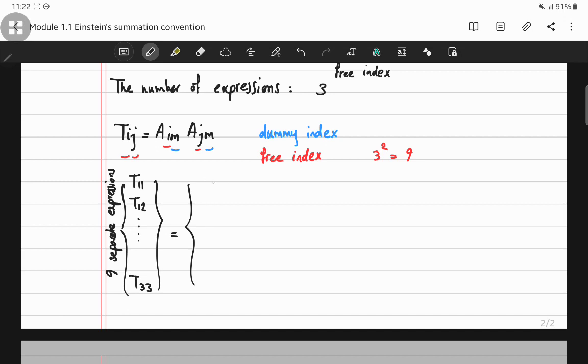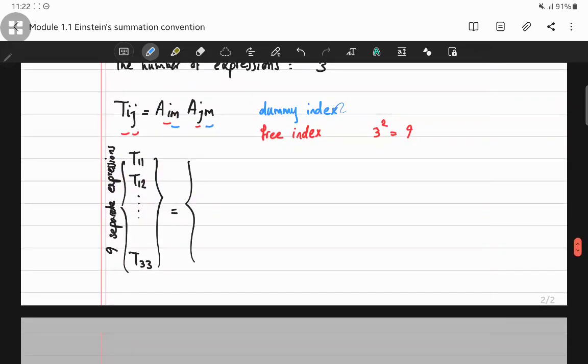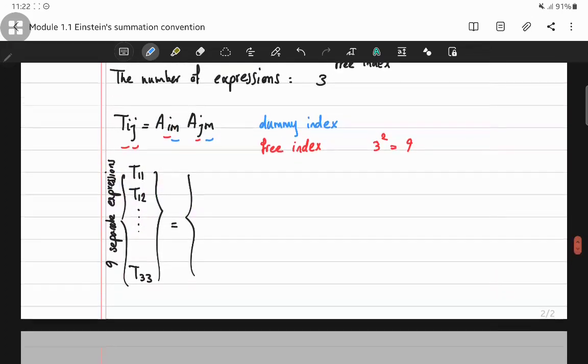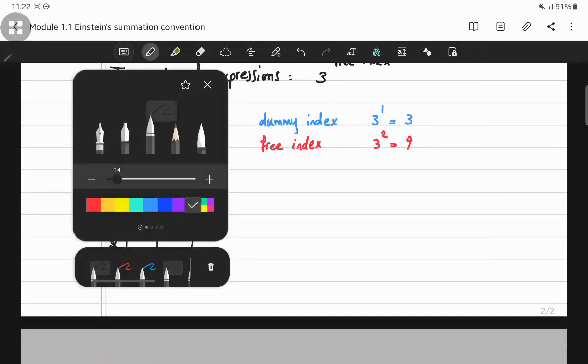And then the number of terms: you have only m as the dummy index. Therefore, you have 3 to the power of 1, which is 3.